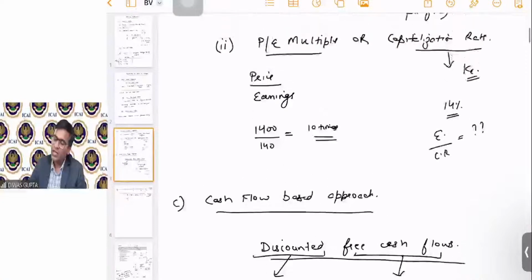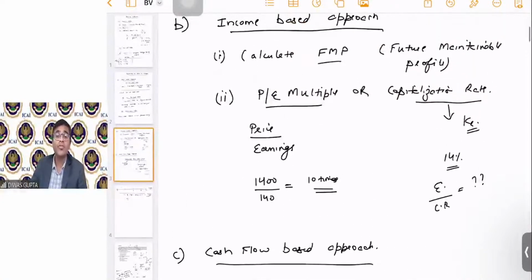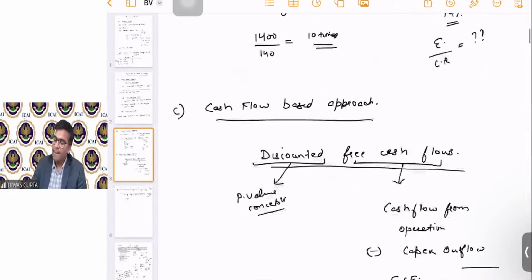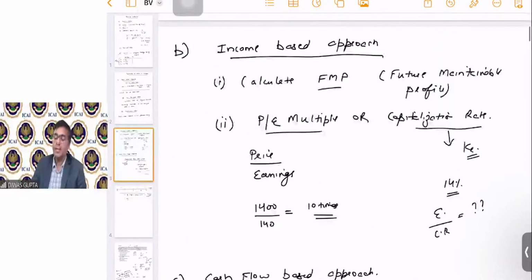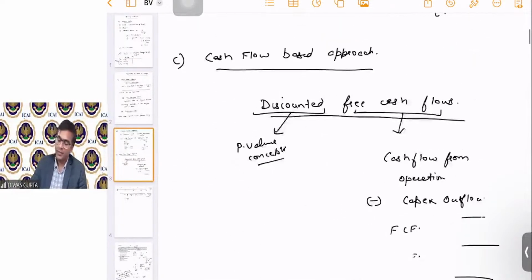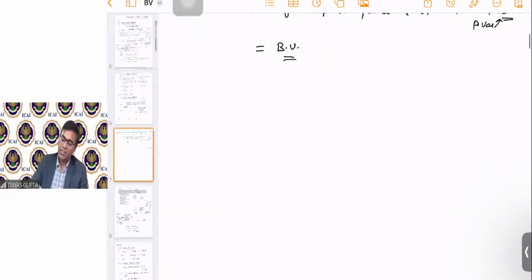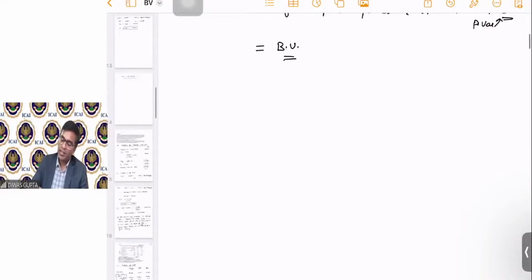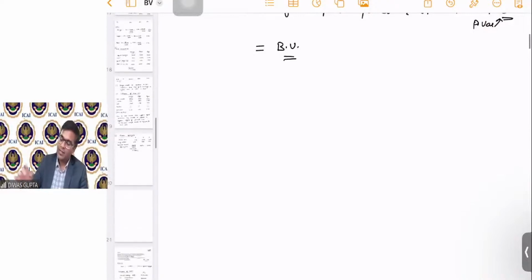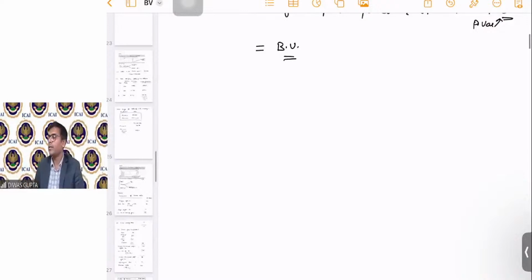In which we arrived at the future maintainable profits, in which we reduced the interest, right? Similarly, in the shareholders value analysis just now, we reduced the non-current borrowings.